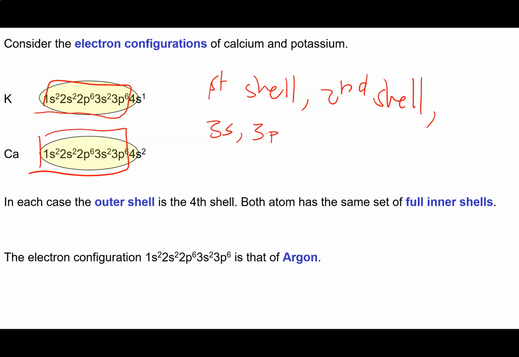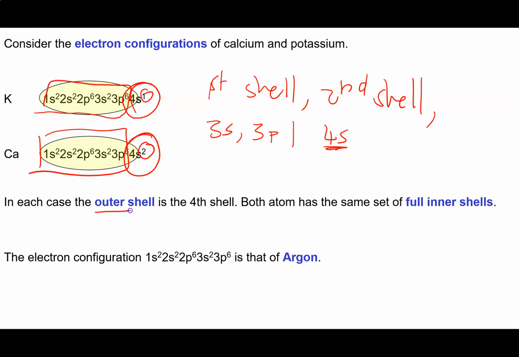They're completely full, and then the outermost shell in both cases is the 4s subshell. In the case of potassium, there's one electron in that 4s subshell, and in the case of calcium, there's two. So it's this last subshell that distinguishes potassium from calcium.